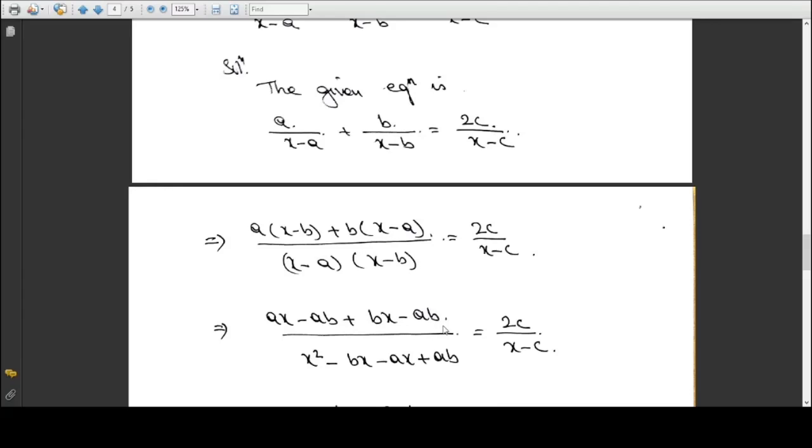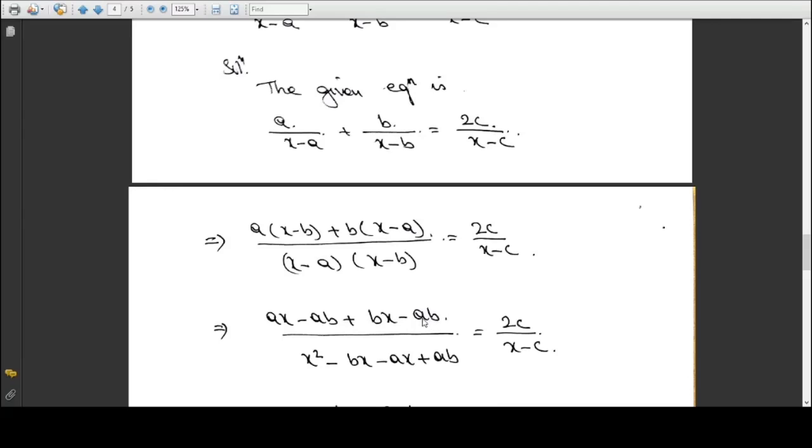If you write ba it looks odd, if you write ab it looks better. A multiplied by b and b multiplied by a give the same result. It's just a matter of writing in the proper order.